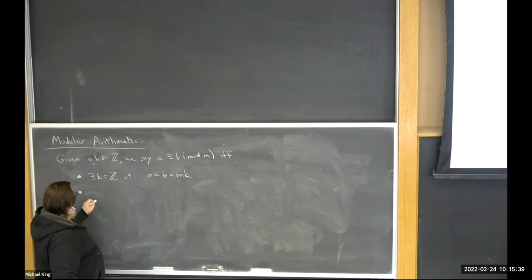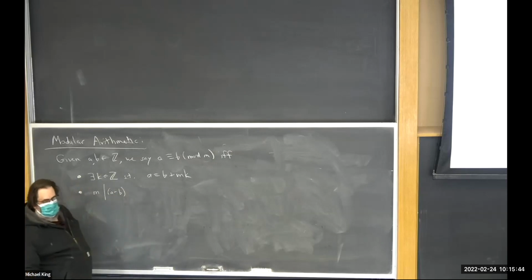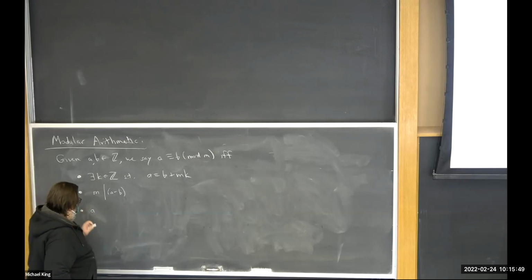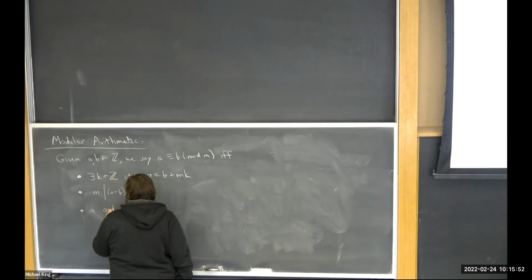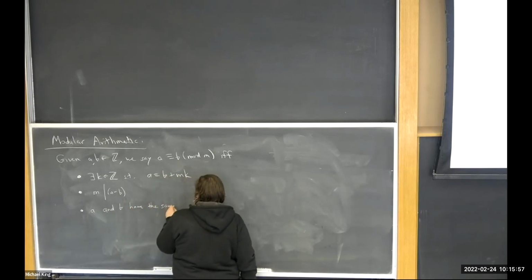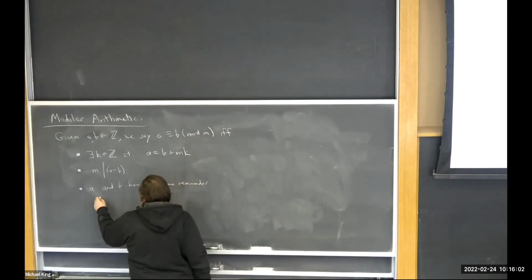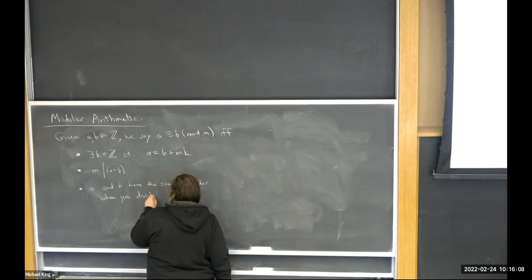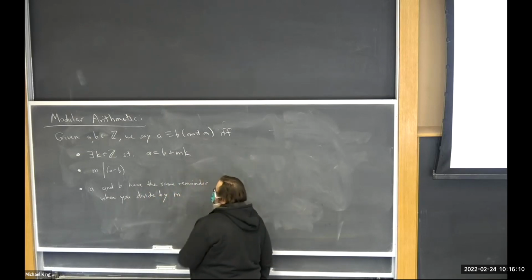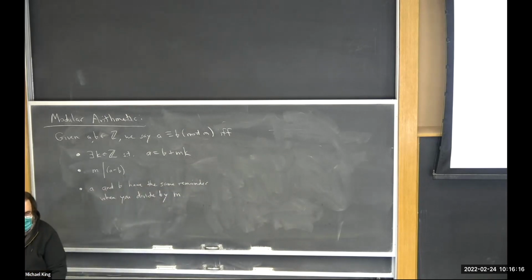Or you could say M divides A minus B, so the difference is a multiple of M. Or you could say, and we'll talk about division in a little bit, that A and B have the same remainder when you divide by M. These are actually all equivalent definitions. They're not 3 separate pieces of the definition. They're all equivalent to each other.